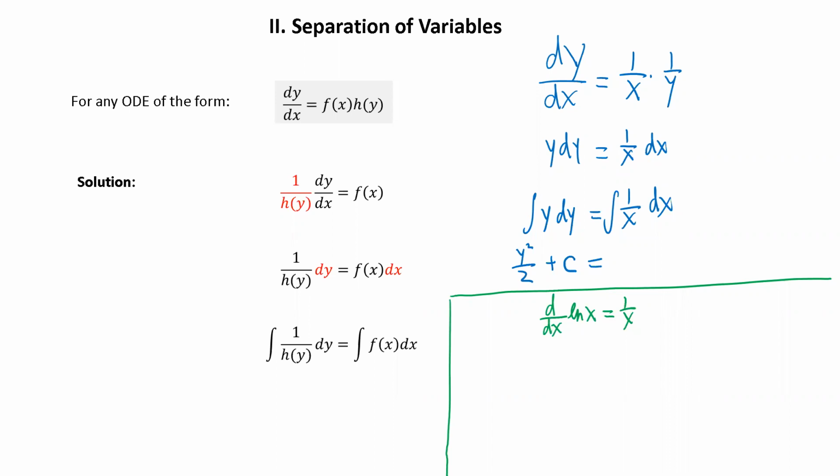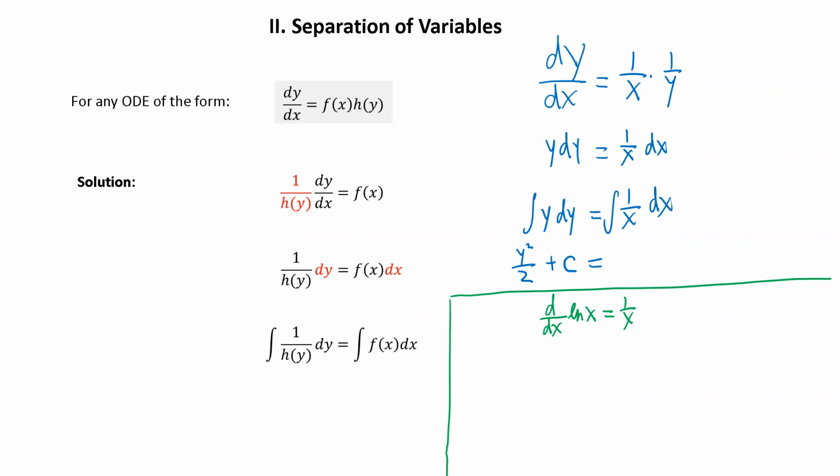However, when I integrate 1 over x dx, I do not know the range of x. So the x could be negative.